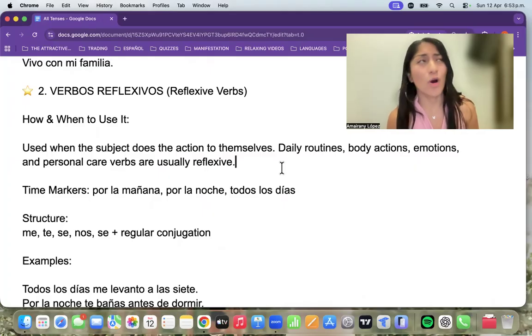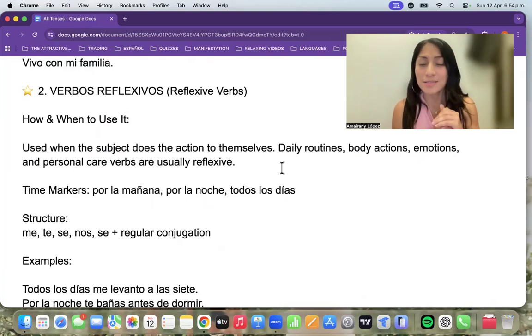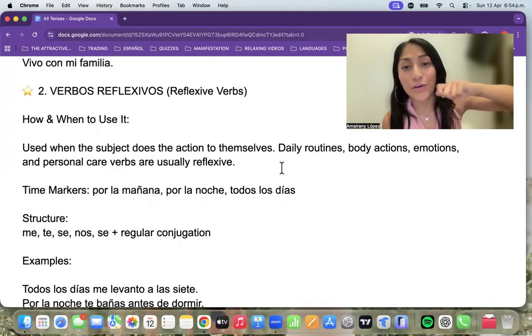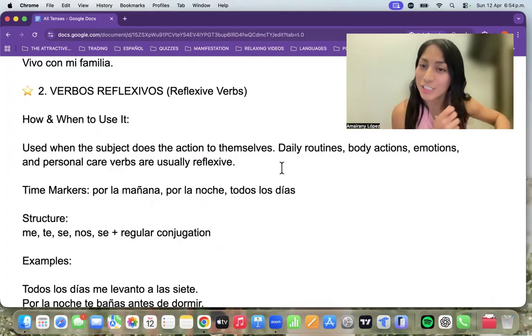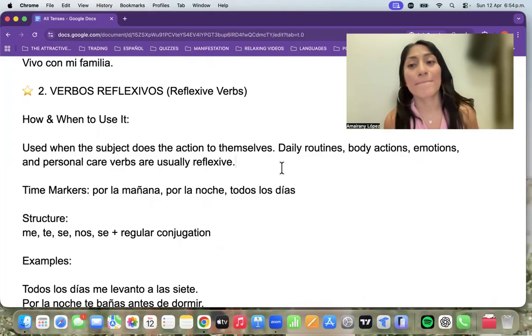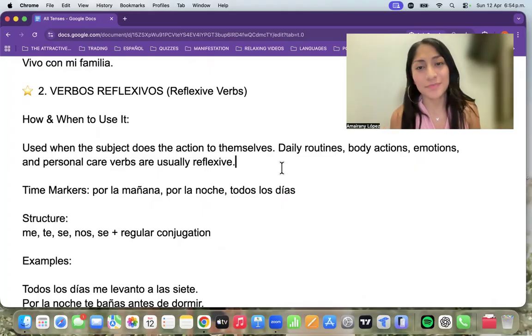Think about it. What are actions that you could do to yourself? Well, I think that showering is something that you do to yourself, right? Washing your own hands, brushing your own teeth, brushing your own hair, putting makeup on yourself, putting clothes on yourself.